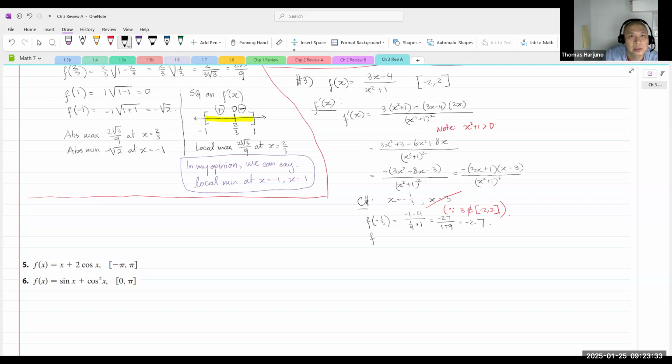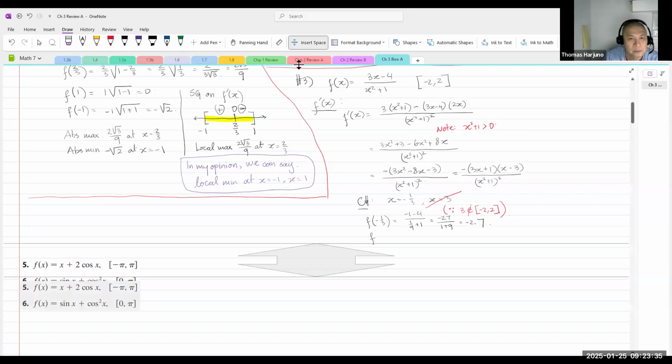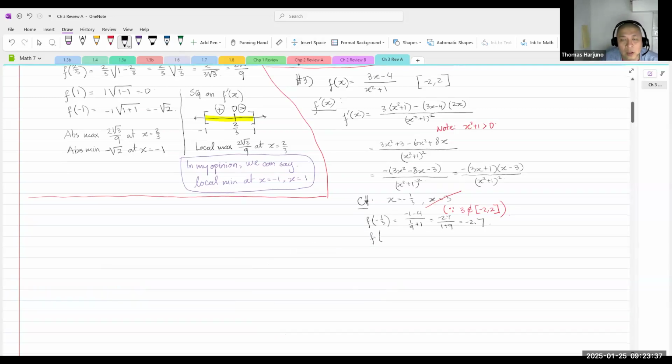Then let's check the endpoints. f(-2) will be negative 10 over 5, that's negative 2. And f(2) will be 2 over 5, that's 0.4.